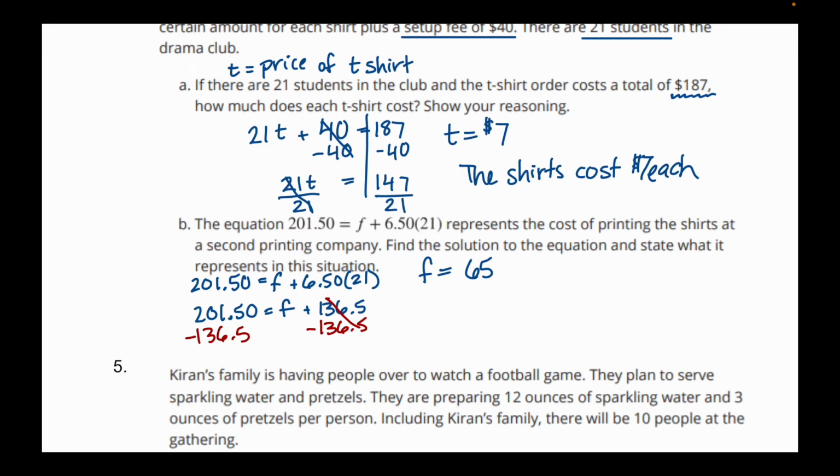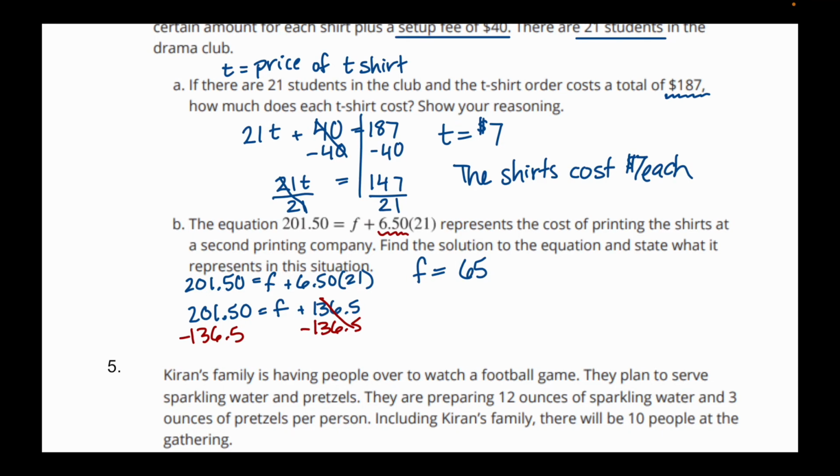If we look a little bit closer at their original equation, they are giving you the 6.50 as the price because the 21 here is the number of students. So the F is just the setup fee. So we can say the setup fee is $65.